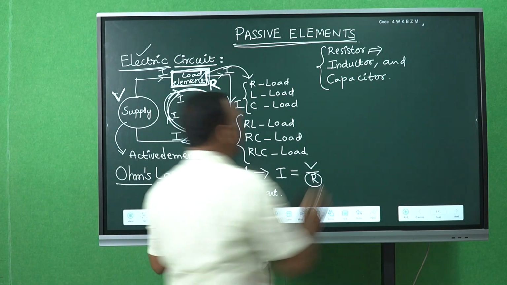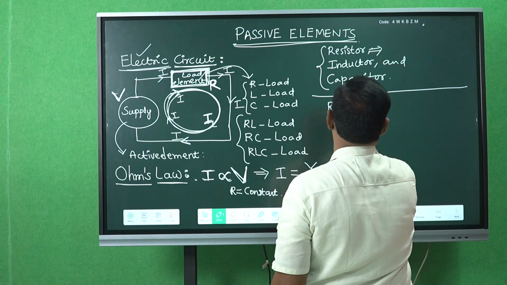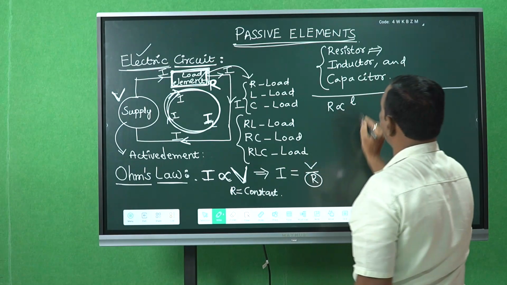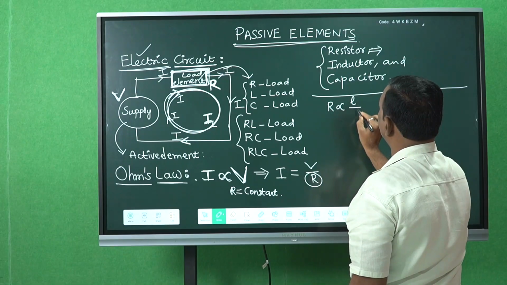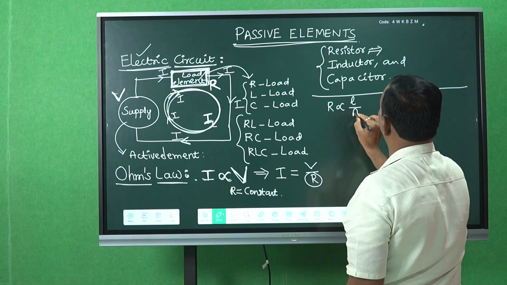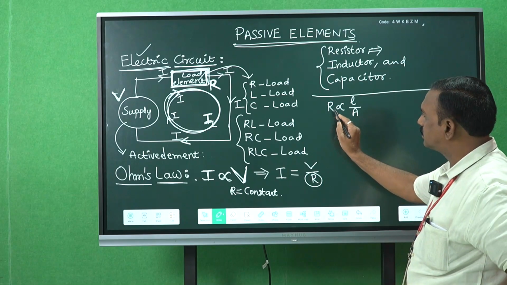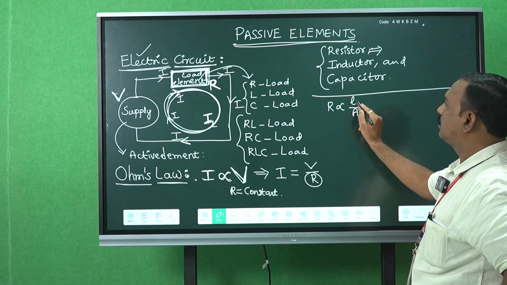The resistance of the resistor is directly proportional to the length of the resistive element and inversely proportional to the cross-sectional area of the resistive element.